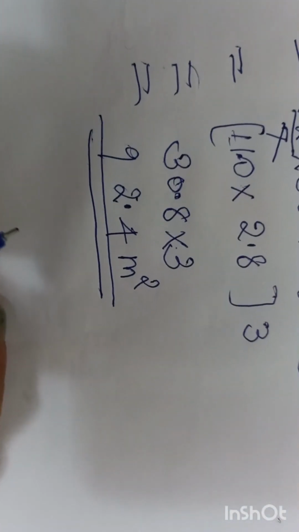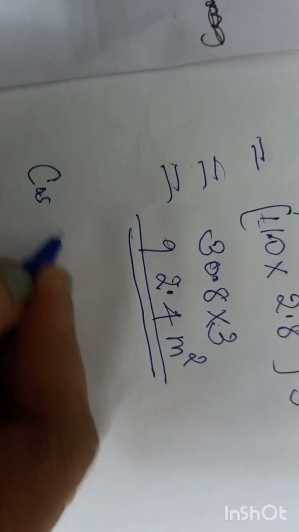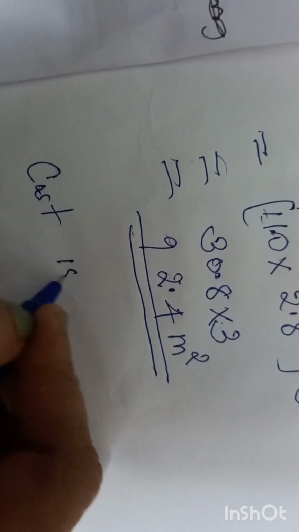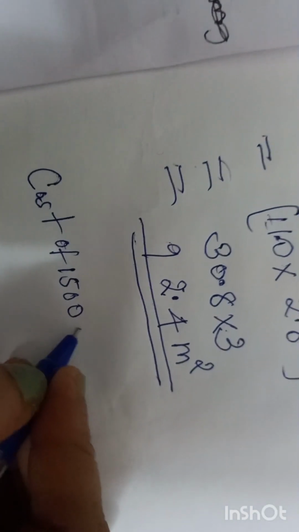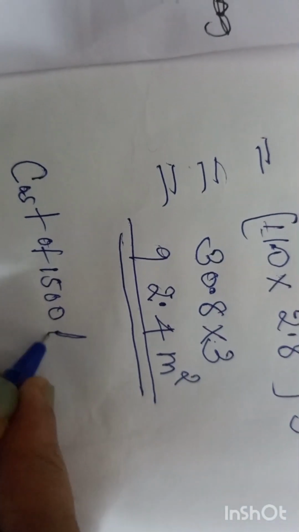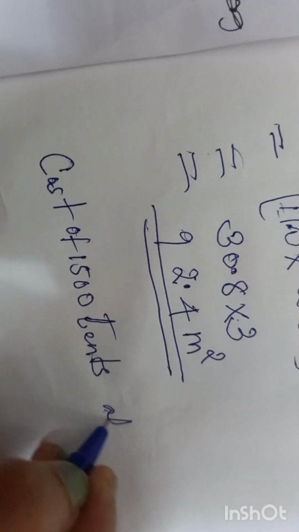So area of canvas, cost of 1,500 tents. At what is the rate over here?